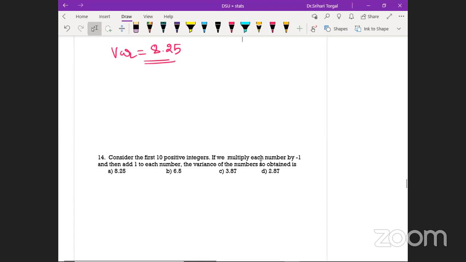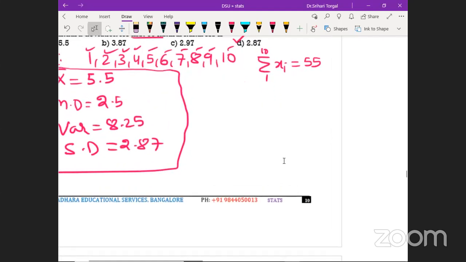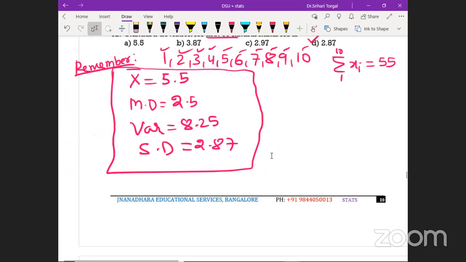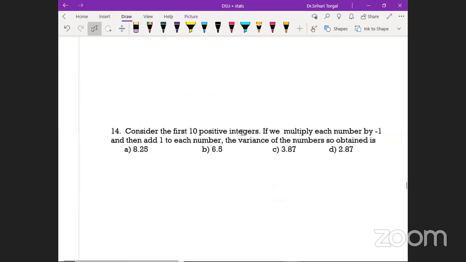Add 1 and multiply by -1. Options: 5.5, 2.5, 8.25, 2.87.